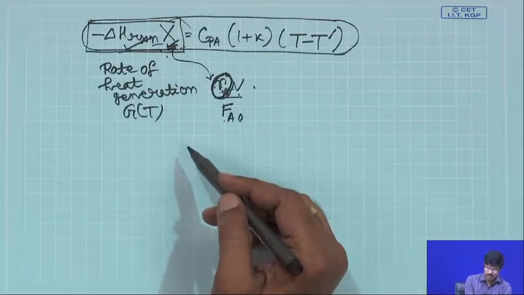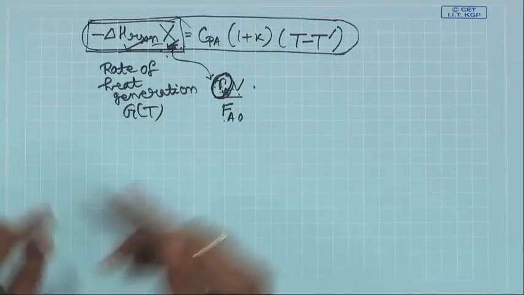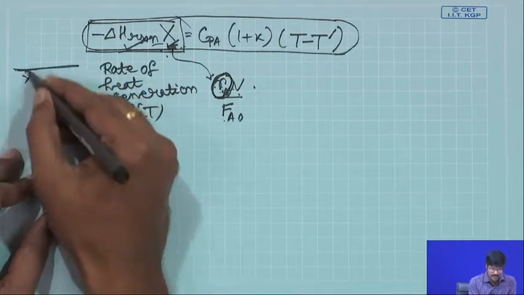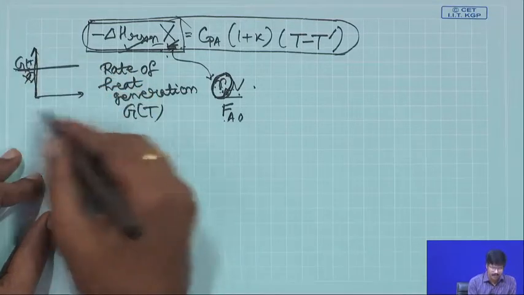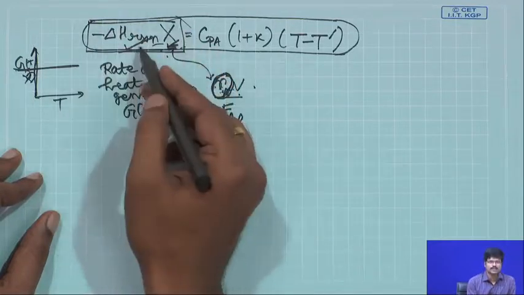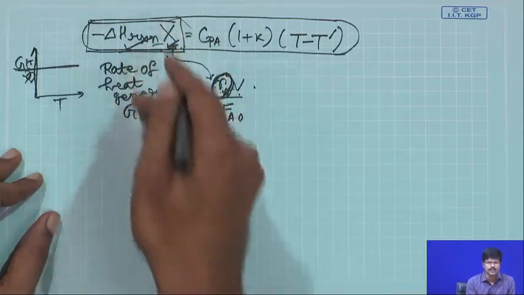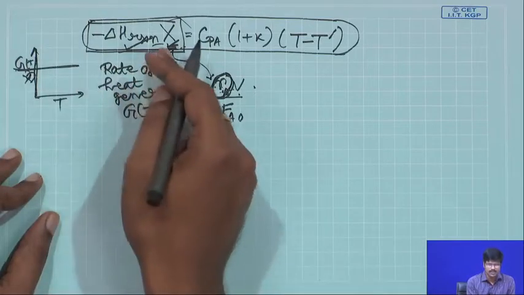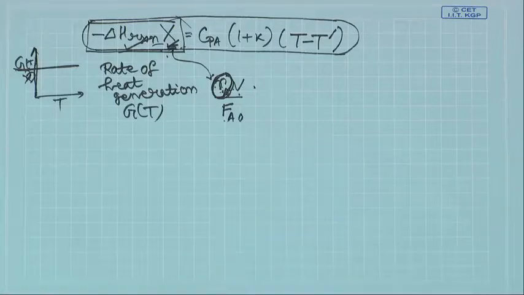On an Excel sheet, you can plot your x axis and your y axis. The y axis is G(T) and the x axis is temperature. You have an expression for this as a function of temperature, and then you keep changing the temperature and feeding different values, and you get the corresponding values of y. Let us say you change the temperature from 290, 291, 292, like that, up to say 500 Kelvin.